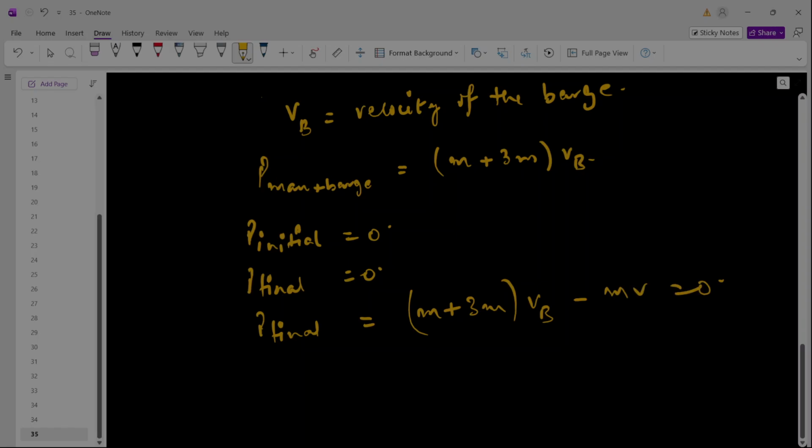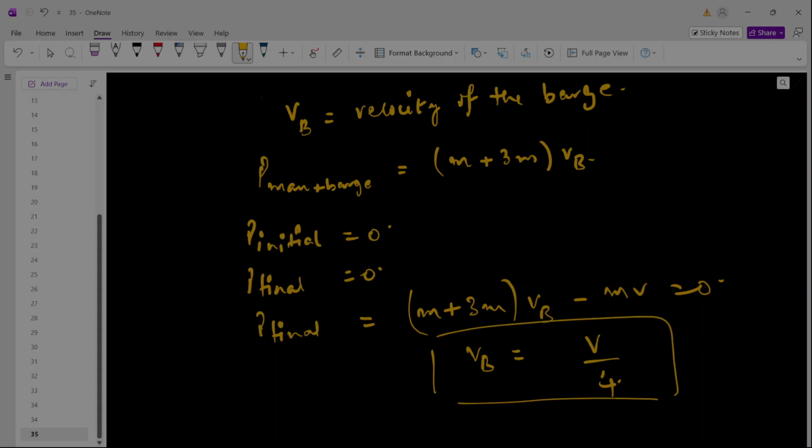This is equal to 0, which gives me vb is equal to v by 4, right? So this is the answer. So this is the velocity of the barge, right?